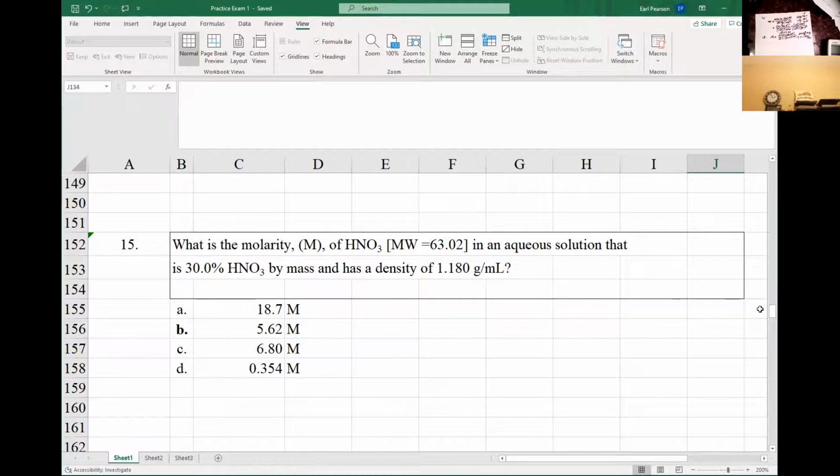Okay, now here's one where I'm given a choice of what to divide by what. Well, I want to divide by 1. So I have 1 liter of the solution. That's equal to 1,000 milliliters.